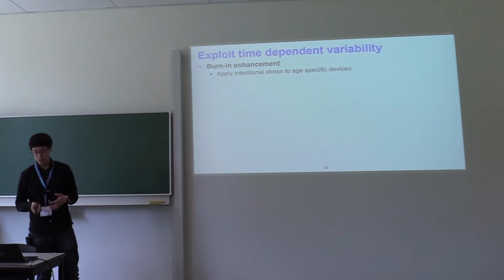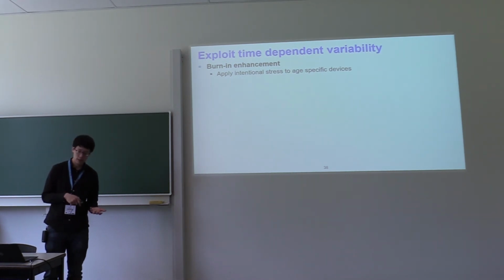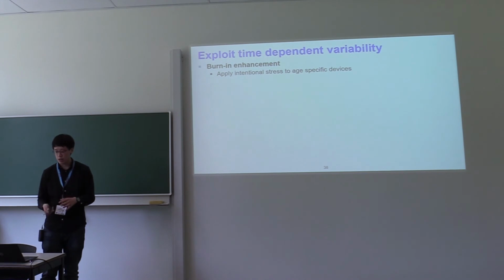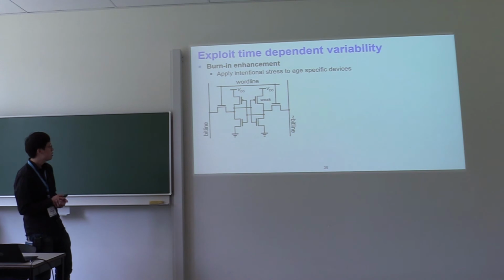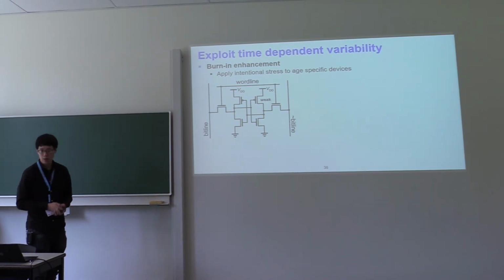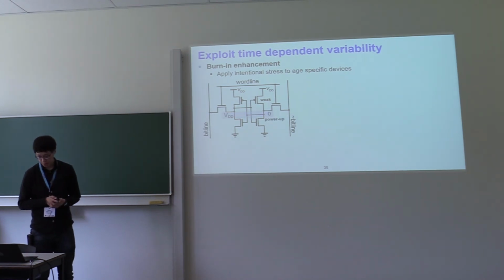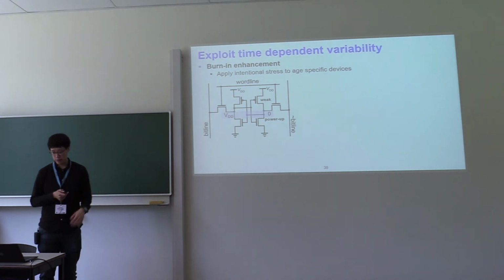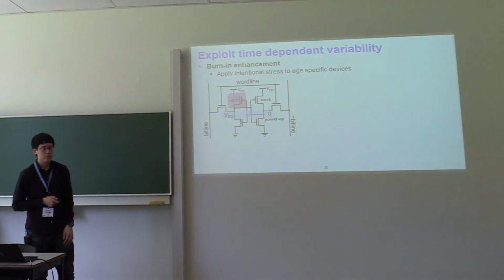The last one is to exploit the time-dependent variability. As we said, these things happen over the long term, so you can use the reliability issue to enhance your response. How it's actually done: for example, you have an SRAM cell in which one transistor is particularly weaker than the others. The power-up pattern will have VDD at the left and 0 at the right, and in this case you will have BTI stress on this transistor.